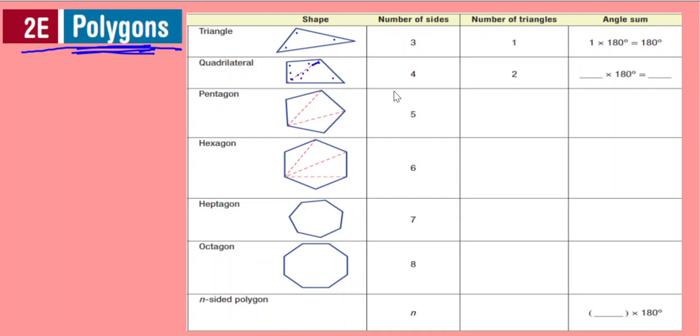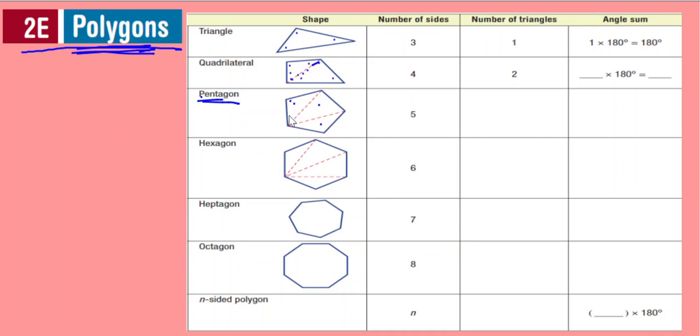Anyway, if we look at other polygons, so if we then go to a pentagon, so a quadrilateral has 4 sides, yes? So a pentagon, penta meaning 5, means we've got 5 sides. Now, if we do the same thing, if we go from one of the points and go out to the other opposite vertices, we end up with 3 triangles, don't we?